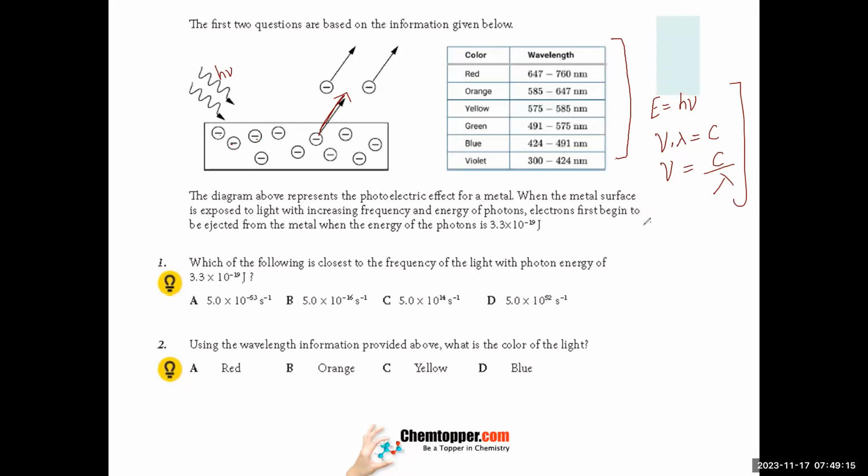So if energy is high, answer these questions. Aditi, any question, please keep asking your questions. If energy is high, what happens to frequency? Check the relation, direct, indirect. No, Lisa, direct. It's direct.